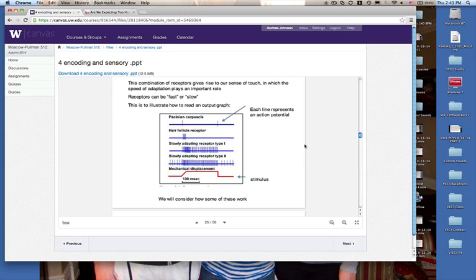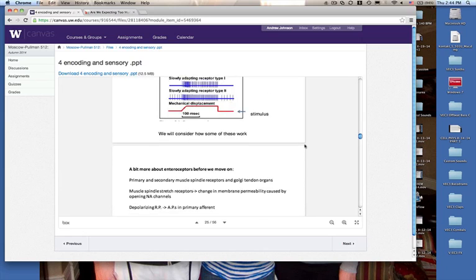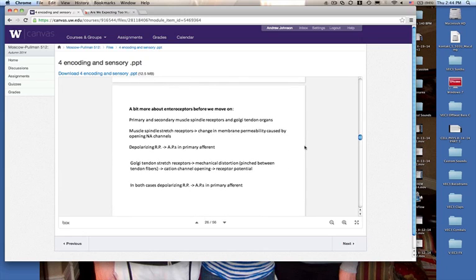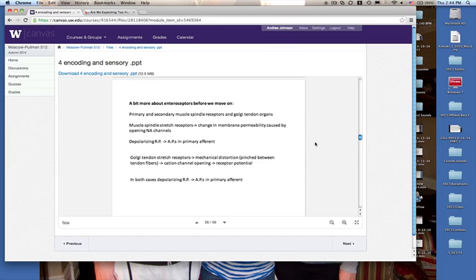And we'll see that that's important. This sort of constant firing is important, for example, to let your body know where your limbs are. So you have to signal how quickly your limb's moving, but also where its final location is. And that final location is encoded in this plateau information here. So that's what we mean by fast and slow adapting receptors.